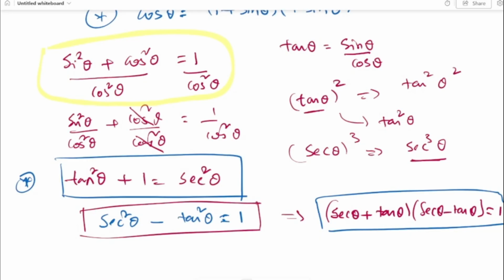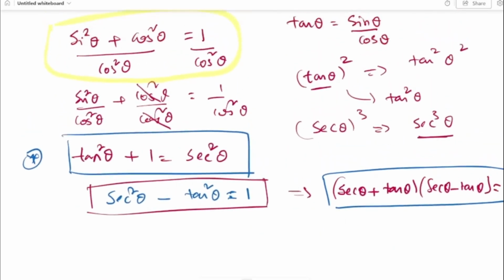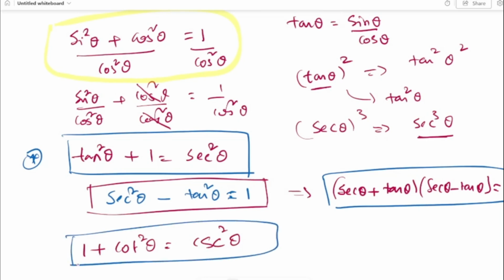When you divide with sine square theta on both sides, we end up with something similar to this, like this: 1 plus cot square theta equal to cosecant square theta. And likewise, we can write all these. So I'm going to put all these little formulas in a grid, in a box. Let's come back.